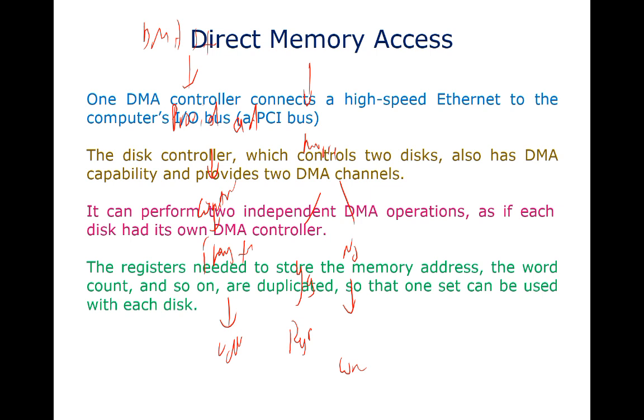Based on the address count and the directions, from the IO to memory it will transfer a block. From there, it accesses the main memory. After that, the DMA completes. Now the interrupt signal appears and goes to the CPU.